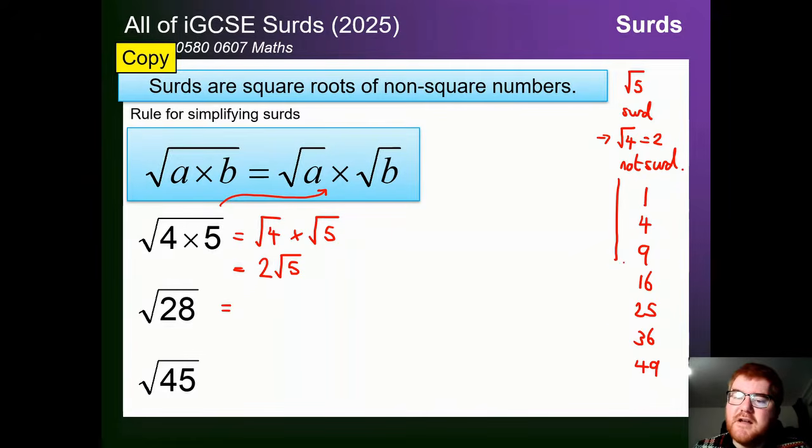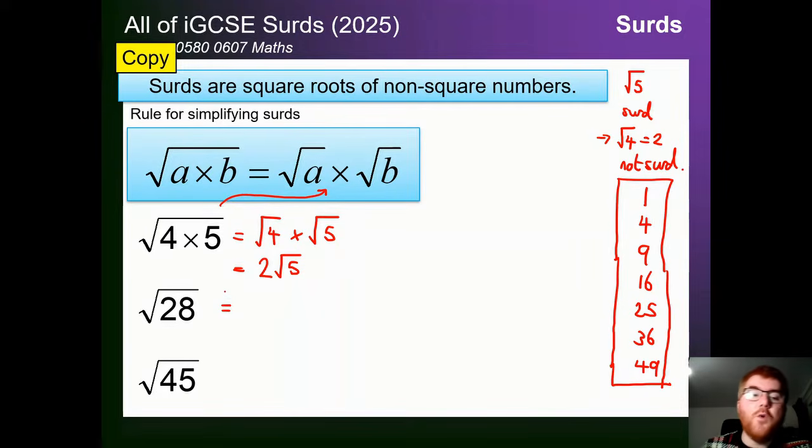So when I do these kind of questions, I have a list of these either written down or in my mind, so I can think about what two numbers multiply to give me 28, one of these numbers coming from this list. So in this case here, we can split this into 4 times 7. Notice 4 is in my list. If I tried 2 times 14, neither number is in my list, therefore that's not going to work.